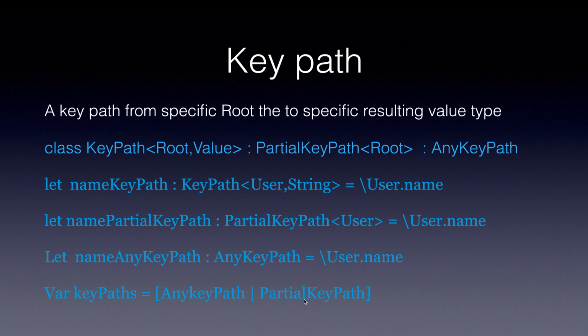When I define a PartialKeyPath of User, it only allows adding elements to access the properties of the user. If the array is defined as AnyKeyPath, it can be any root type and any property can be accessed.